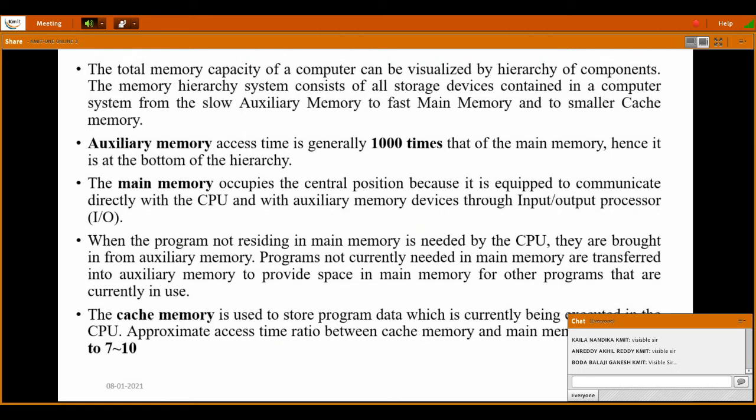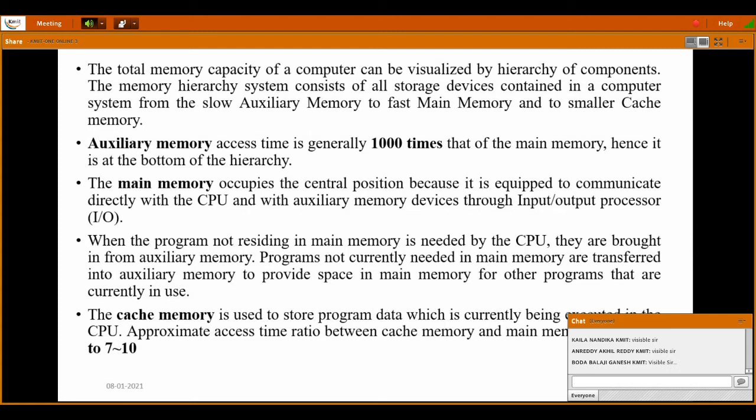The total memory capacity of the computer can be visualized by the hierarchy of a computer. The memory hierarchy system consists of all storage contained in a computer system, from the slow auxiliary memory to fast main memory and smaller cache memory.